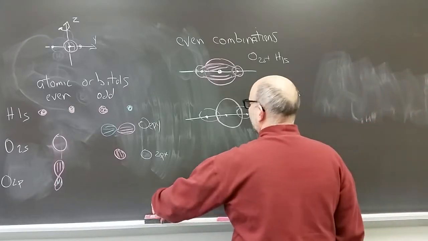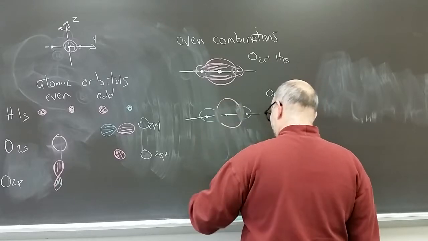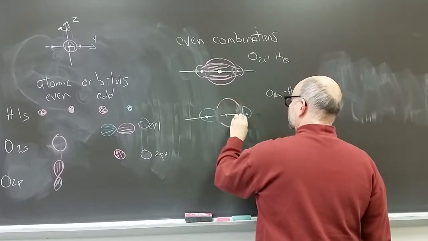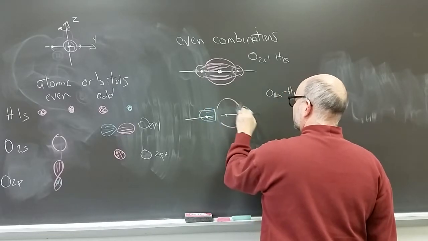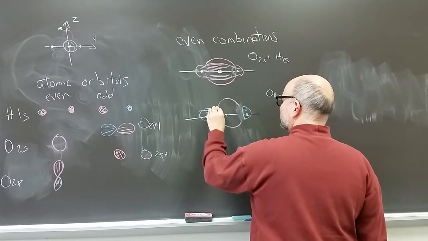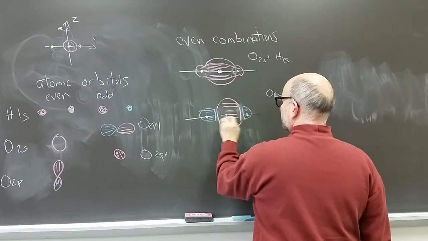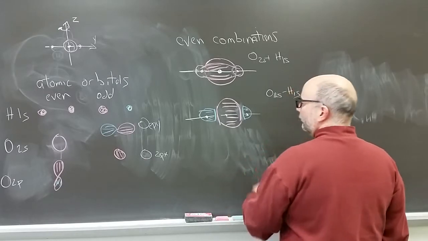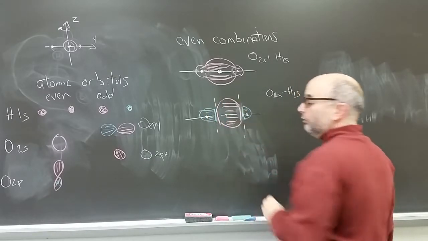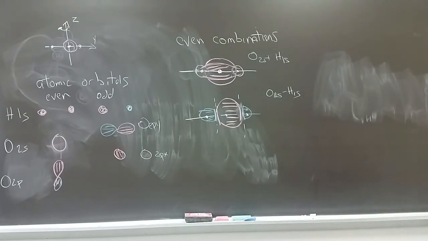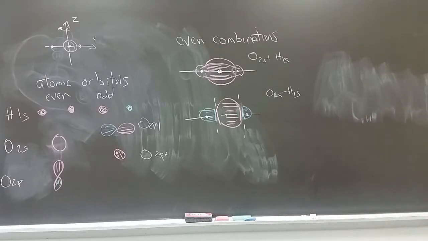So whenever you have a region of opposite sign overlap, you separate the two. And so now note that here we've created a node in between each of the oxygen-hydrogen bonds. So this would be the anti-bonding combination that you would get from the evens.